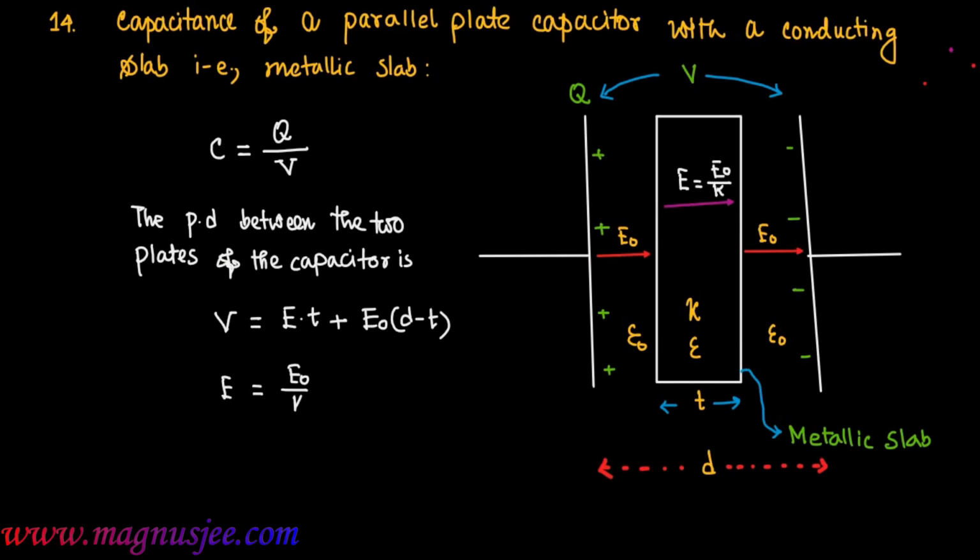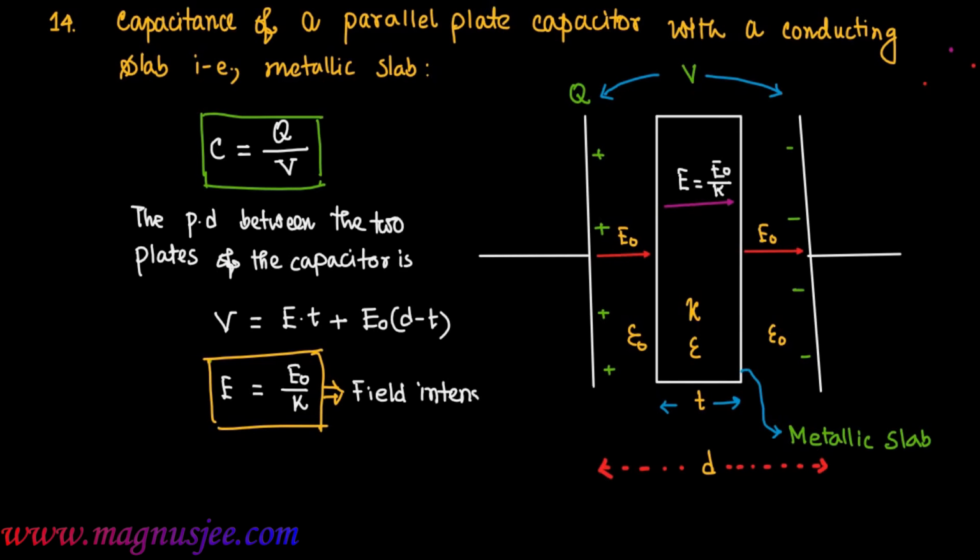Now E equals E0 by K, field intensity in vacuum divided by the dielectric constant of the metallic slab.